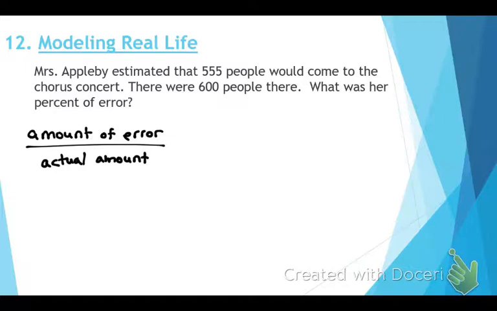Luke, how do I find the amount of error? Subtract 600 by 555. You are correct. Divided by, Kobe, what's the actual amount of people that were there? 600. Very good. Jace, what is 600 minus 555? 45.